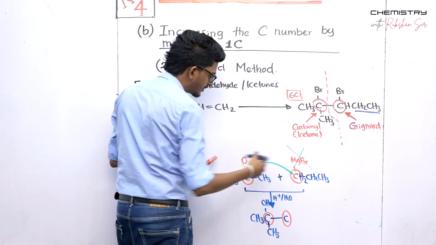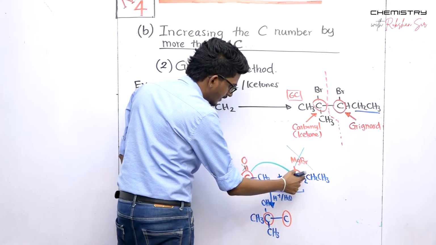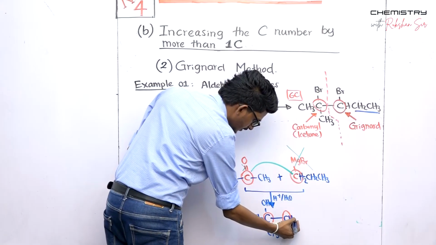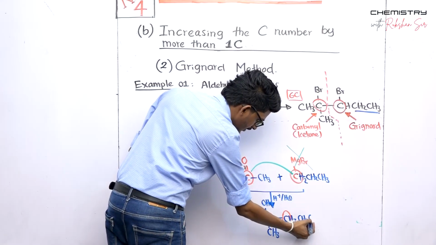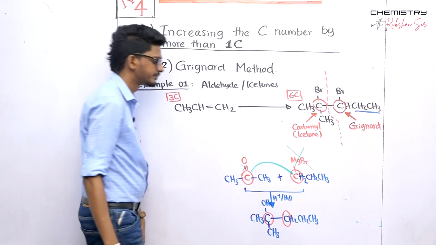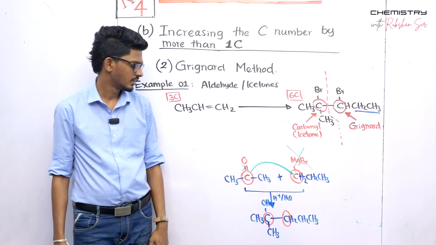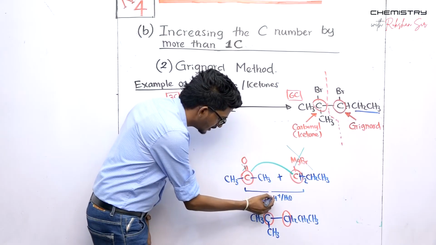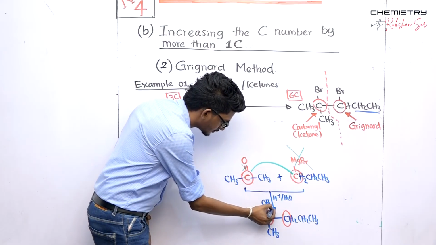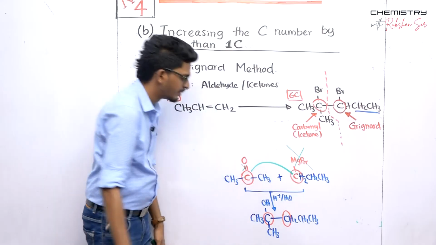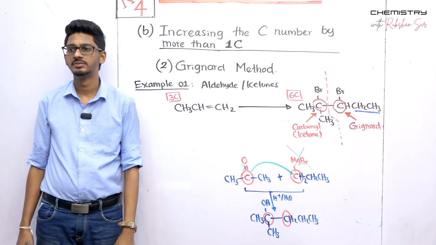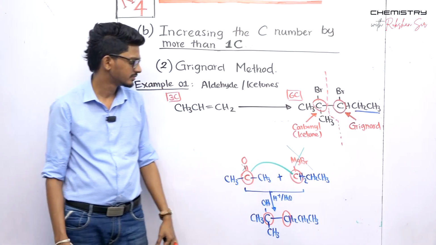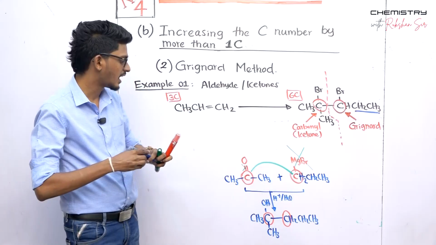As MgBr leaves, that carbon is with 2 hydrogens and a CH2CH3. So that is your skeleton. Skeleton is made. We are happy now.